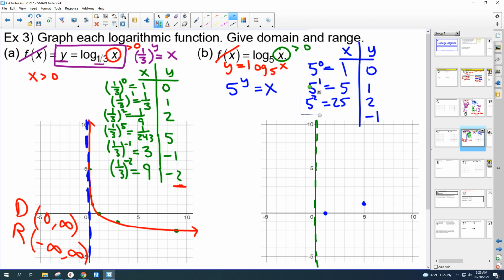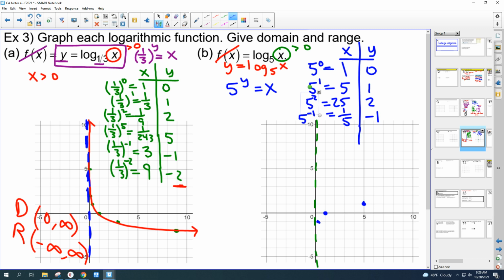So maybe I shouldn't do that one. Maybe I should do -1. 5 to the negative first power, flip it, that's 1/5. So I've got the point 1/5 comma -1. Is that enough to see what's happening? Maybe.